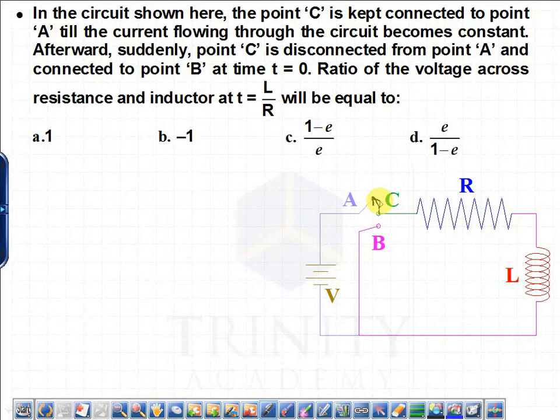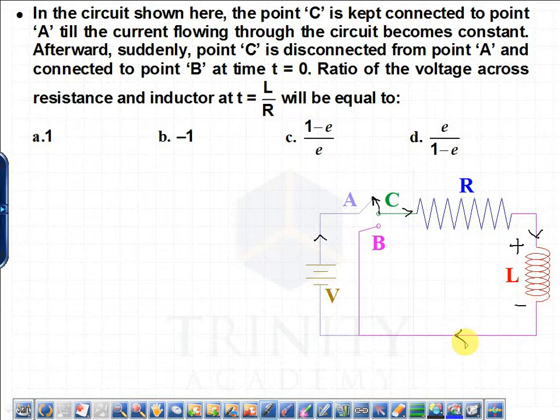During this condition, as the current starts flowing from the battery to the resistor and to the inductor, the inductor starts opposing the growth of current in the circuit by developing an induced EMF which opposes that current. So this is how the circuit will behave.